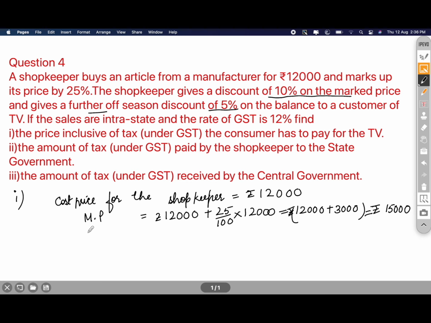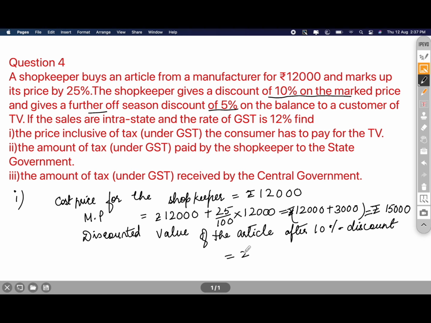So the discounted value of the article after 10% discount equals rupees 15,000 minus 10% of 15,000.